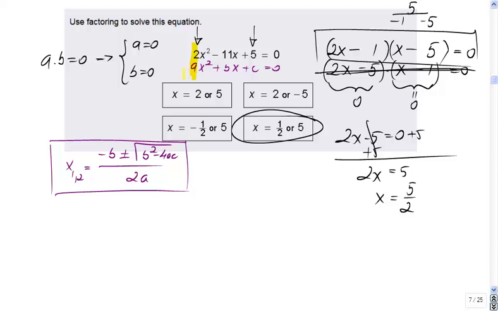Okay? Now, identifying your a, b, and c. Well, a is the coefficient of your x squared, b is going to be the coefficient of your x, and make sure you take the sign that's in front of it, right? And c is going to be the other one. So if you identify them, you're going to say a equals 2, b equals negative 11, c equals 5 for this problem.